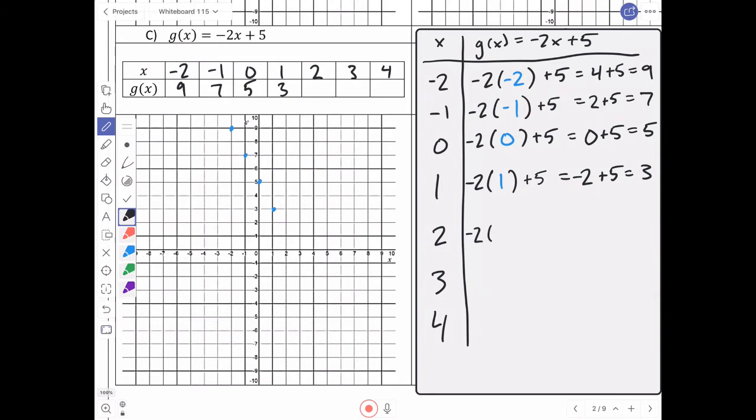And -2 times 2 plus 5 equals -4 plus 5, which is 1. 2, 1. And -2 times 3 plus 5 equals -6 plus 5 equals -1.